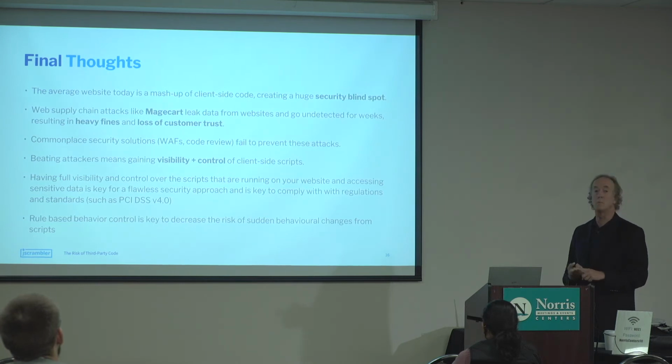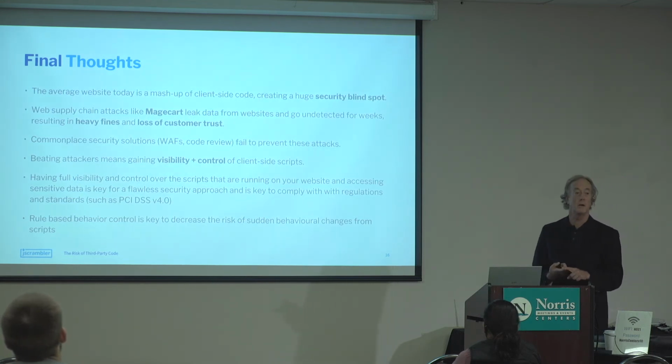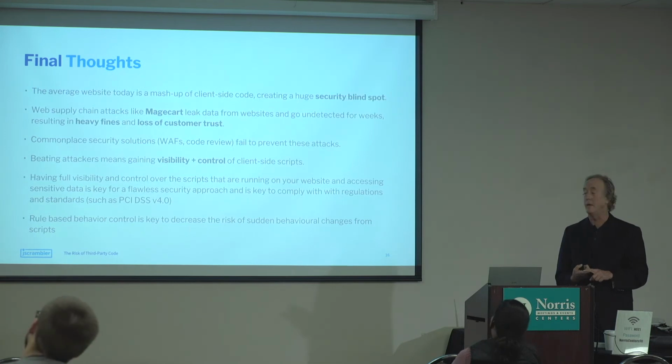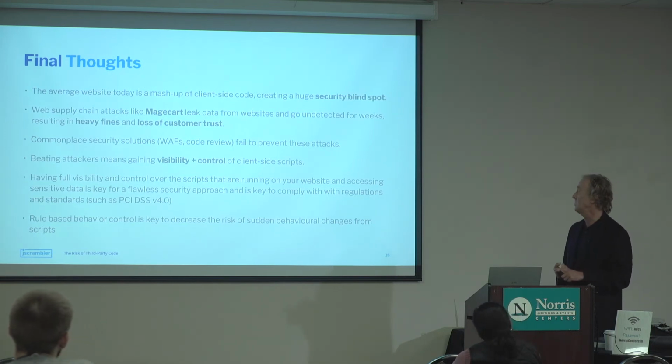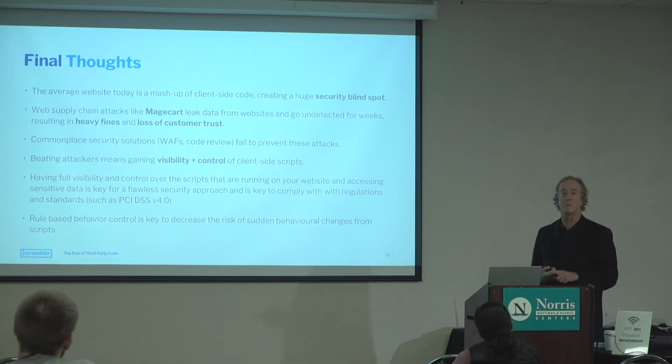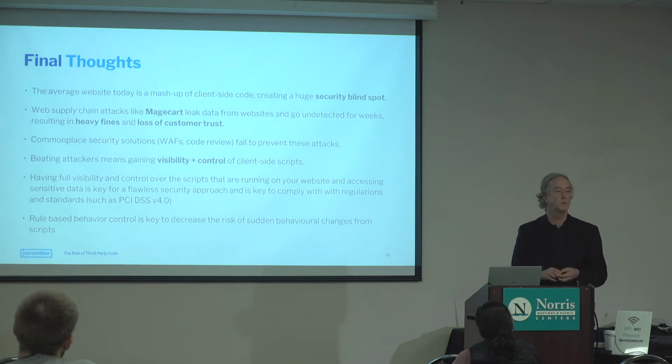We talked about visibility and control as a key, and having a policy in place to prepare for PCI DSS version 4. And we talked about rules-based approaches to basically fencing scripts.